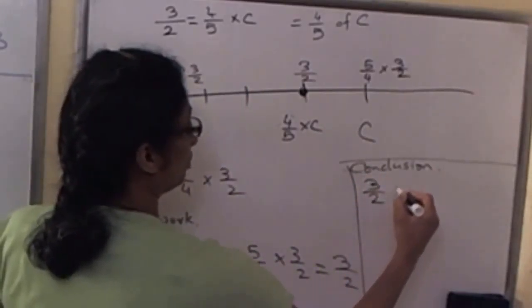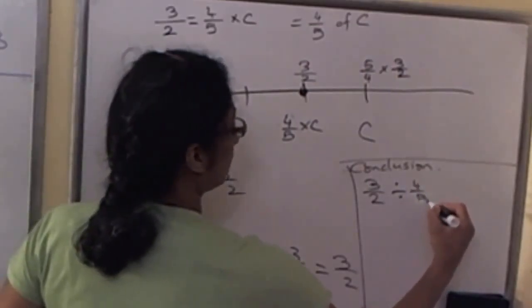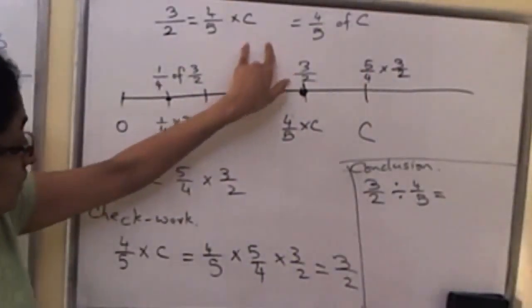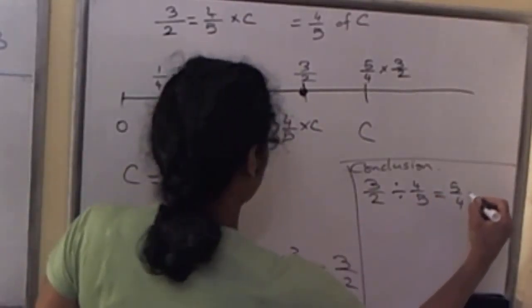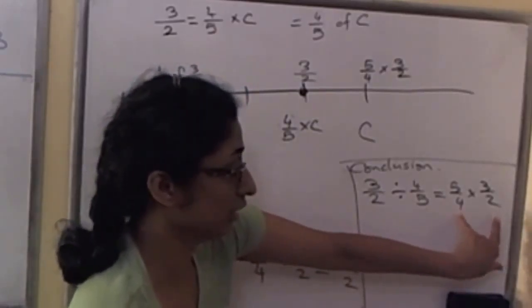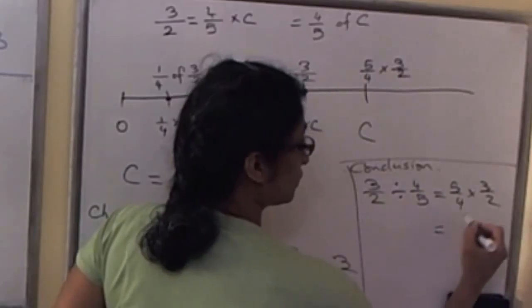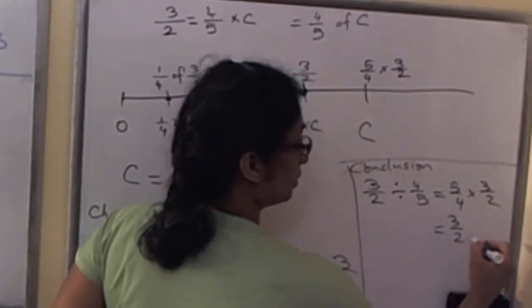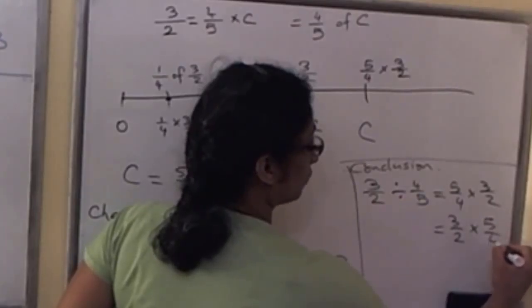That means what we are concluding is 3 over 2 divided by 4 over 5 is in fact C, which is 5 over 4 times 3 over 2. Before we calculate what C is, let's rewrite it using the commutative law of multiplication as 3 over 2 times 5 over 4.